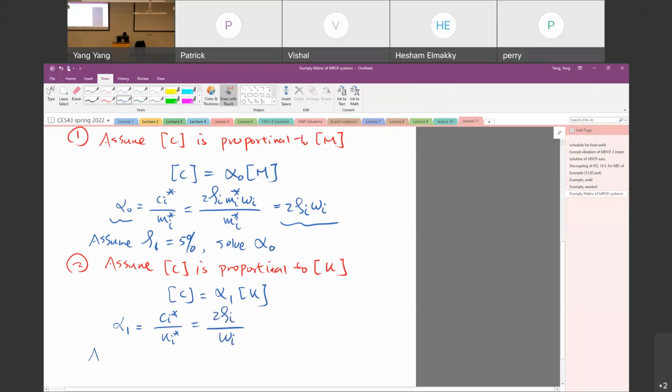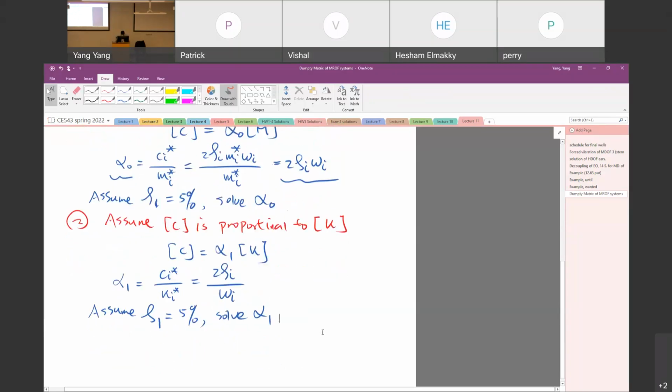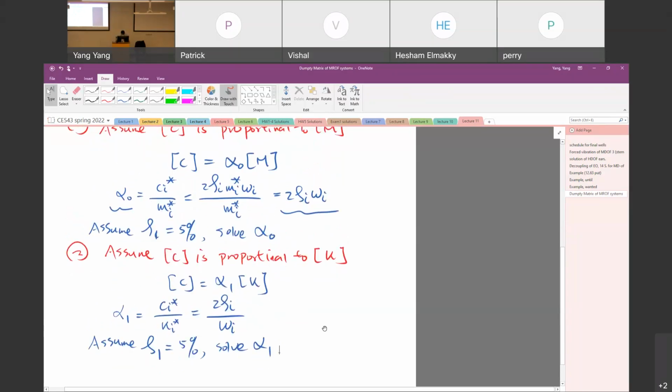Similarly, we assume theta 1 is equal to 5% for alpha 1. That's the second assumption: either the damping matrix is proportional to the K or proportional to the M.